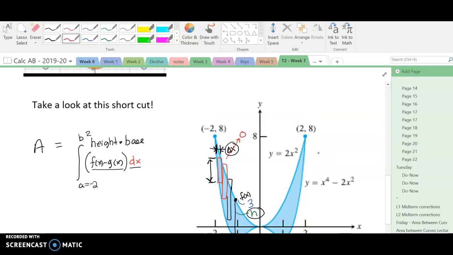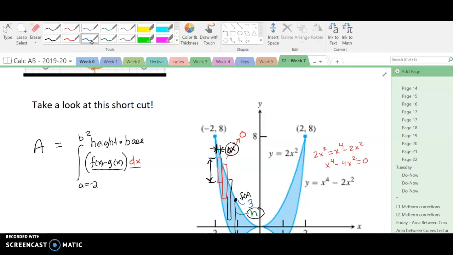This -2 and 2 was given to us in the problem, but of course we could have found it by setting these two y's equal to each other. 2x squared equals x to the 4th minus 2x squared. Some factoring would get us the right answers. Subtract 2x squared from both sides. X to the 4th minus 4x squared equals 0.